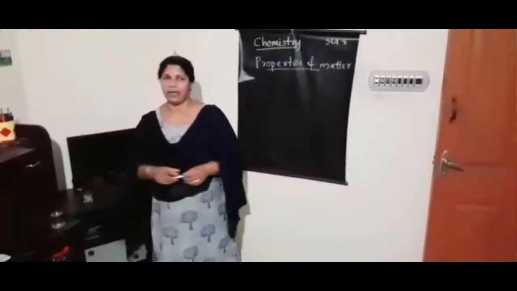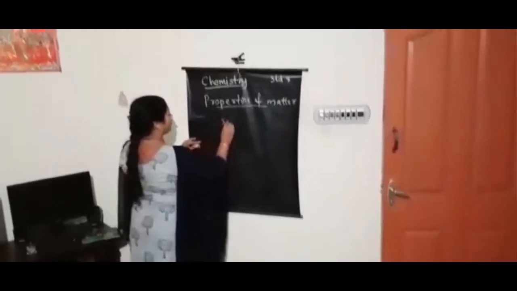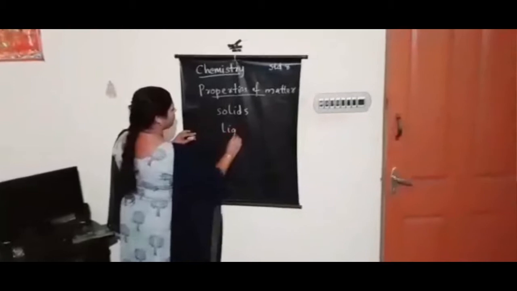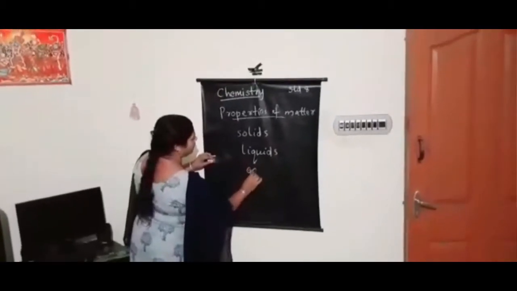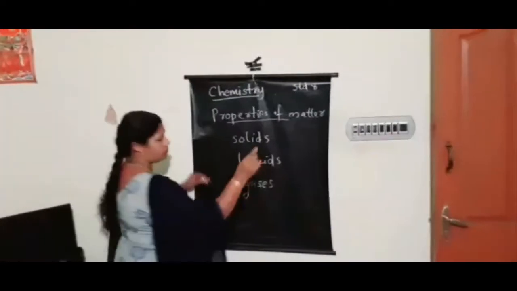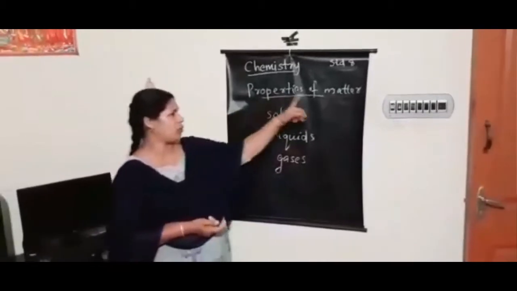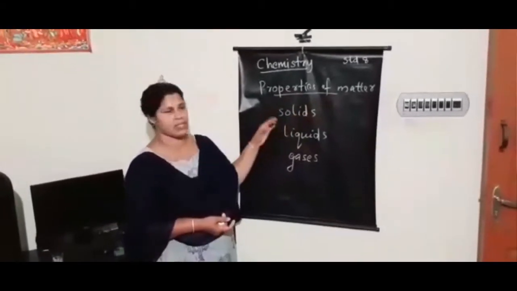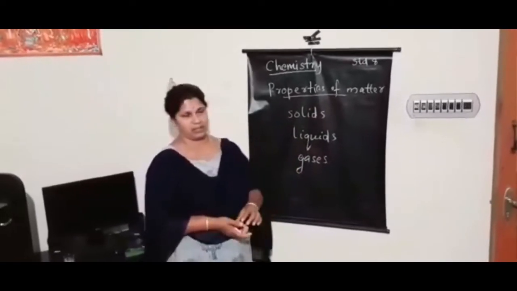Okay, so we can classify matter as solids, liquids and gases. So last year you have studied that matter occurs in 3 states: solids, liquids and gases.